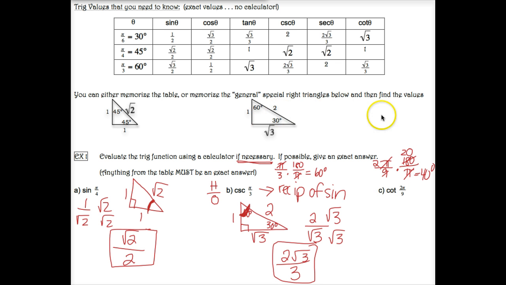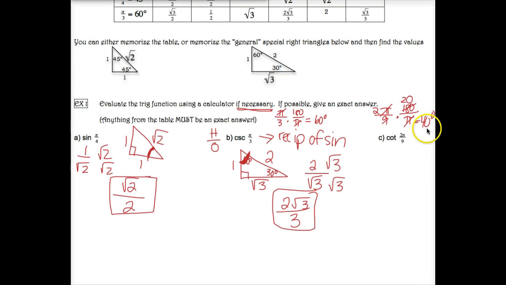Now, I want to show you two things because I just showed you what the degree equivalent is, but if you don't want to find the degree equivalent every time, if you know that it's one of the ones where you're going to use your calculator, you can find the trig values in radians.